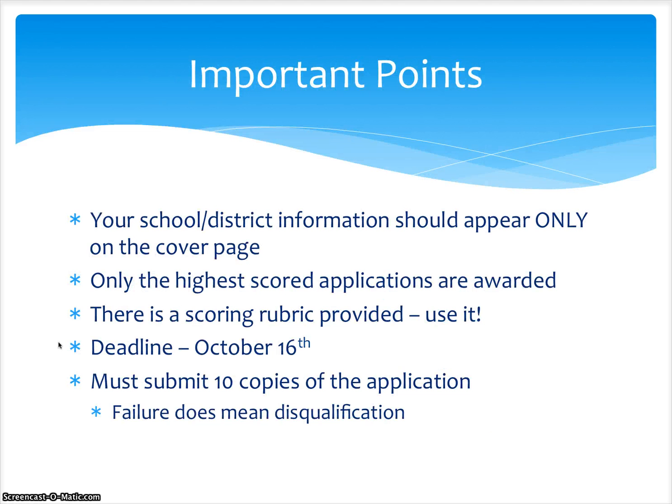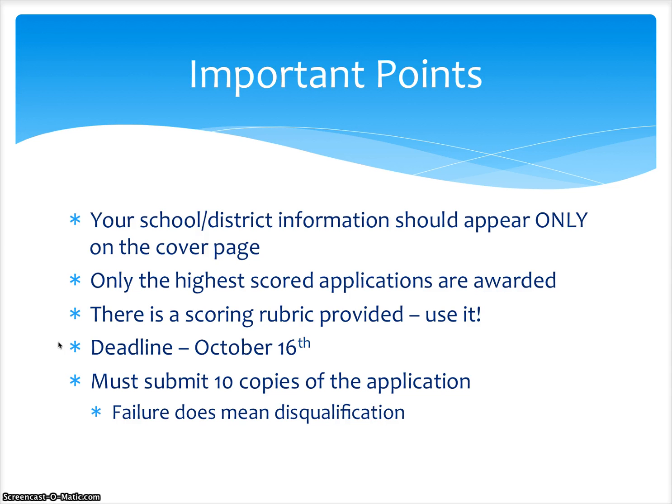Here are a few important things to point out. Your school or district information should only appear on the cover page. The evaluators score each mini-grant application blindly, meaning they don't have any information that indicates the school or the district or the individual who is applying.